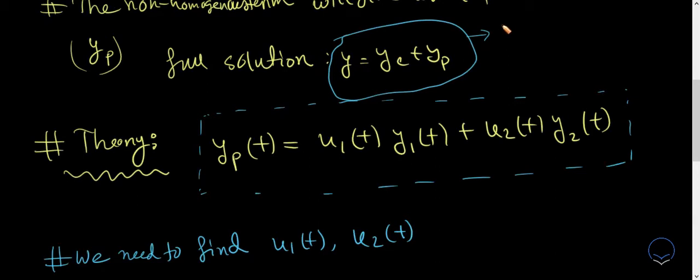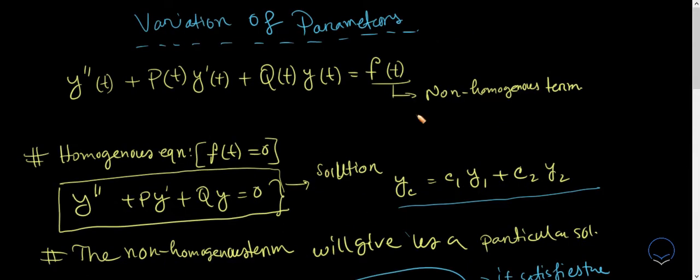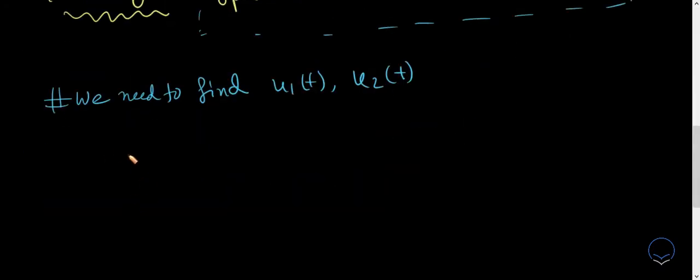Also note that the full solution satisfies the differential equation. If you plug this into the differential equation, you will get a decoupled solution in terms of the complementary solution coming from the homogeneous part and the non-homogeneous part. The non-homogeneous part, that is the yp, will have a form like this.